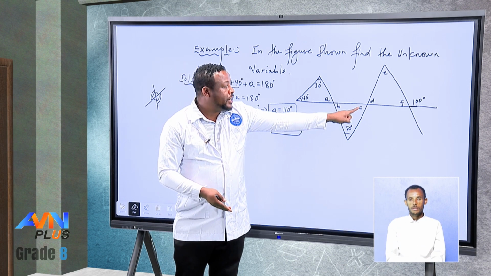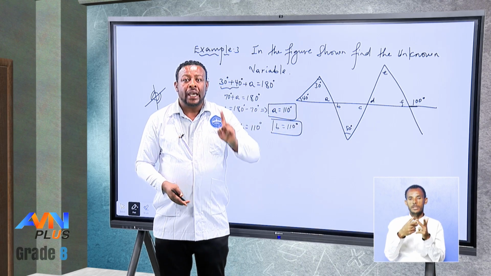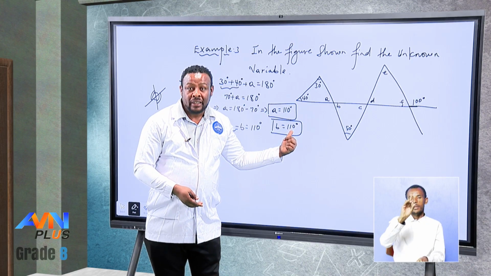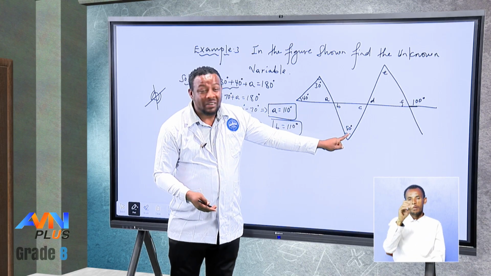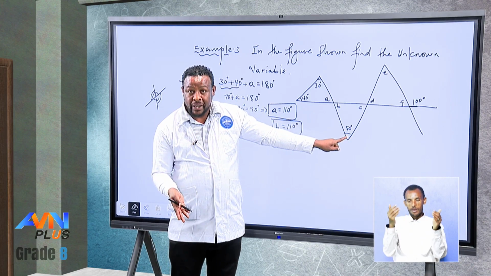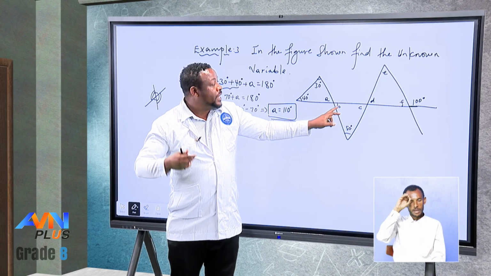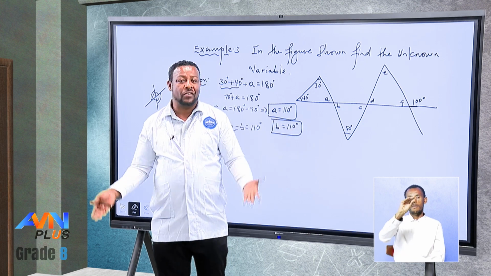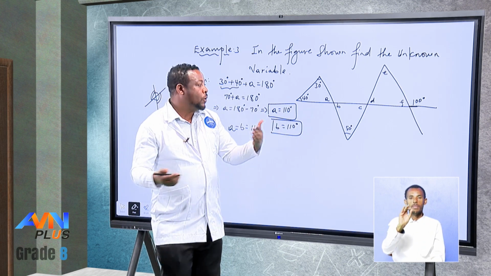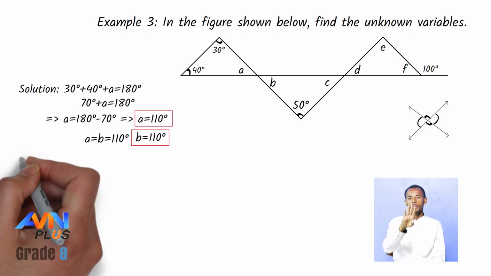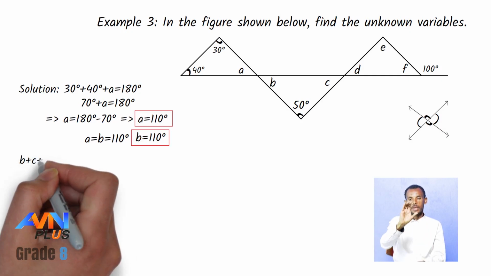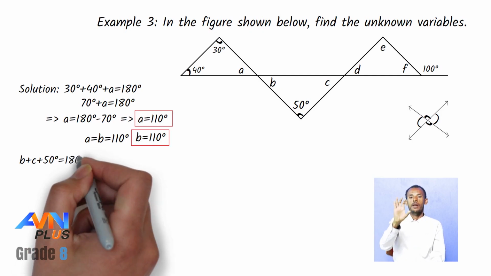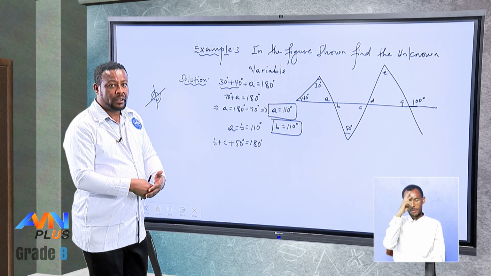Now let's proceed to the third unknown, which is C. In this case, we have angle B, which is 110, and another angle which is 50 degrees. So the sum of B, C, and 50 is 180 degrees, because it's one triangle.